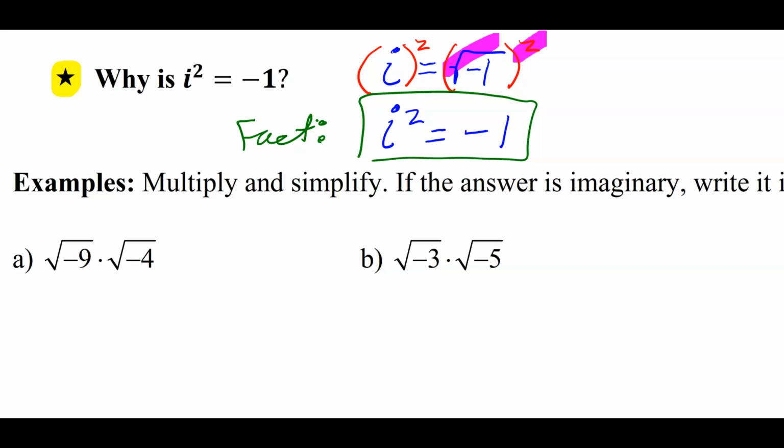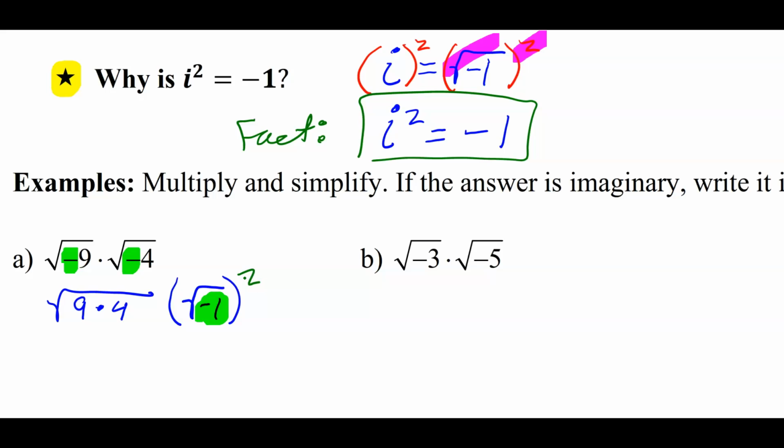So what I want to be thinking about then is I'm going to look at my numbers. The regular numbers are the 9 and the 4. And then what I have over here is a -1, and there are 2 of those, so this value becomes squared.